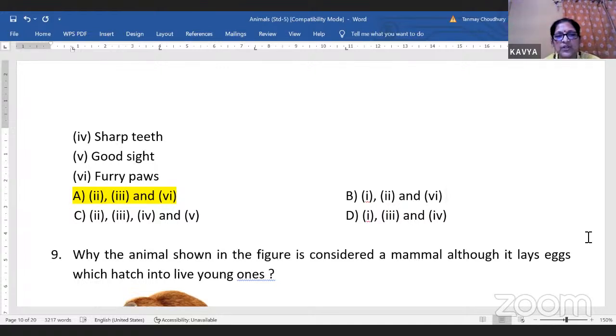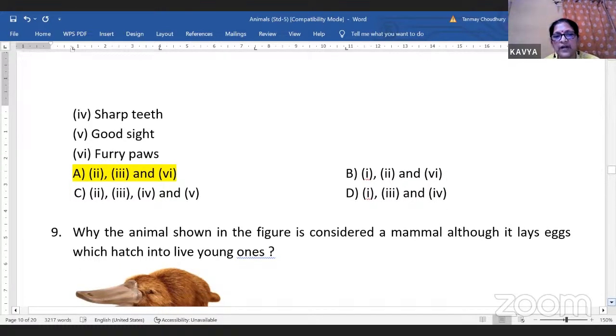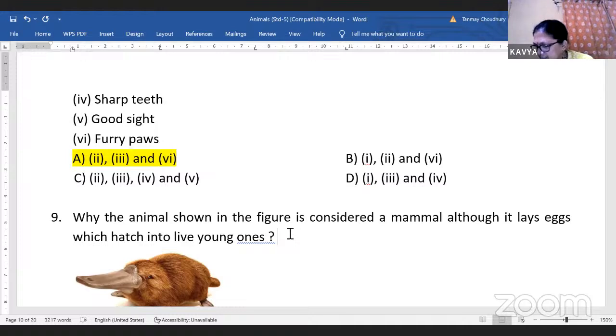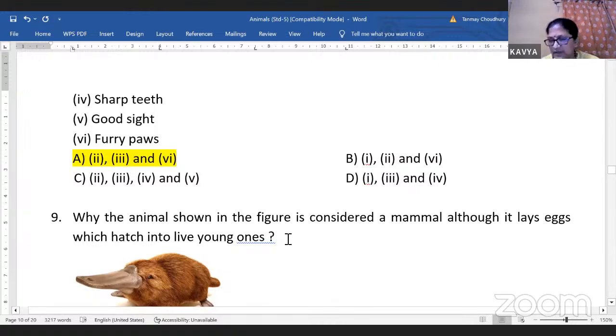Why is the animal shown in the figure considered a mammal, although it lays eggs? About this, I had told you, what is this animal? We had done it in a previous question. It's a duck-billed platypus. I'll just write down the name here.